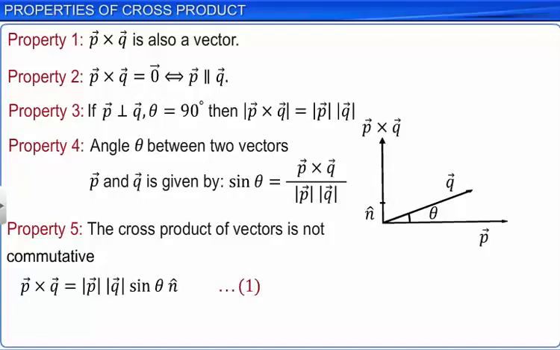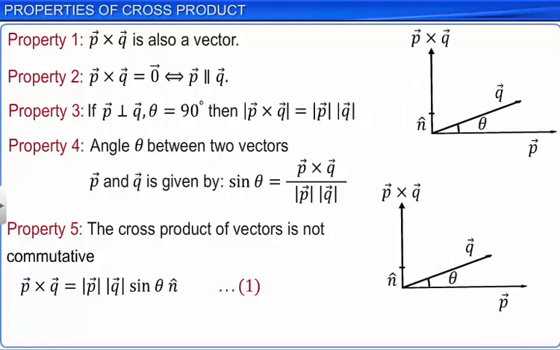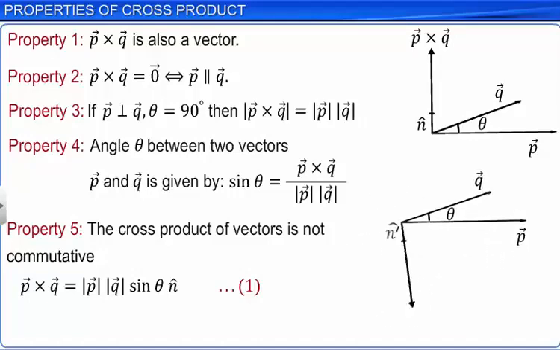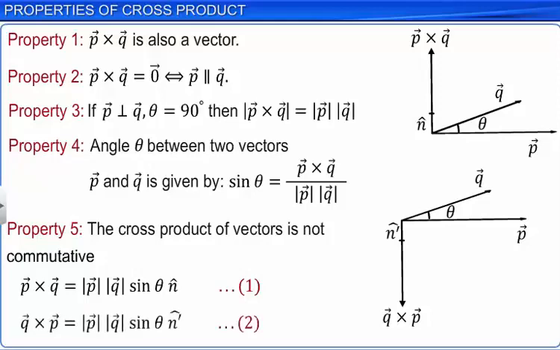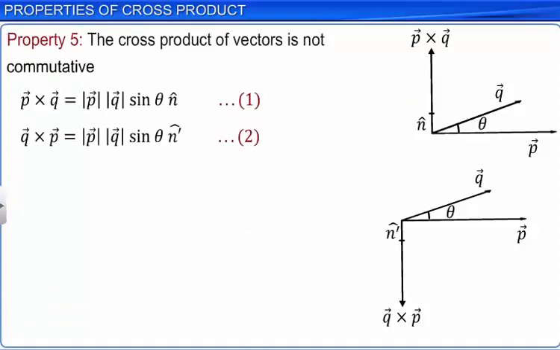Observe what happens when vector Q rotates towards vector P by angle theta. In this case, the vector representing the cross product of vectors Q and P points in the direction of unit vector n dash. Comparing the two figures, we can see that vectors n and n dash are in opposite directions.